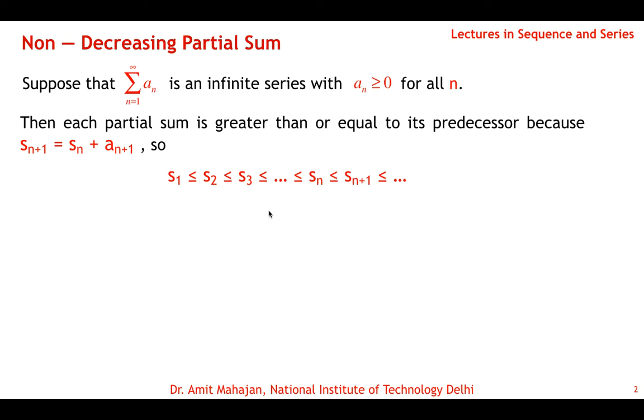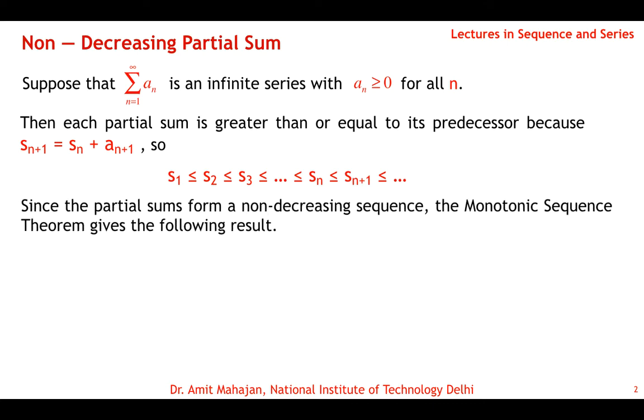If you remember the monotonic sequence theorem, it says that if a sequence is non-decreasing and bounded from above, then it is convergent. These partial sums form a non-decreasing sequence, so if the partial sums are bounded from above, then they automatically converge.